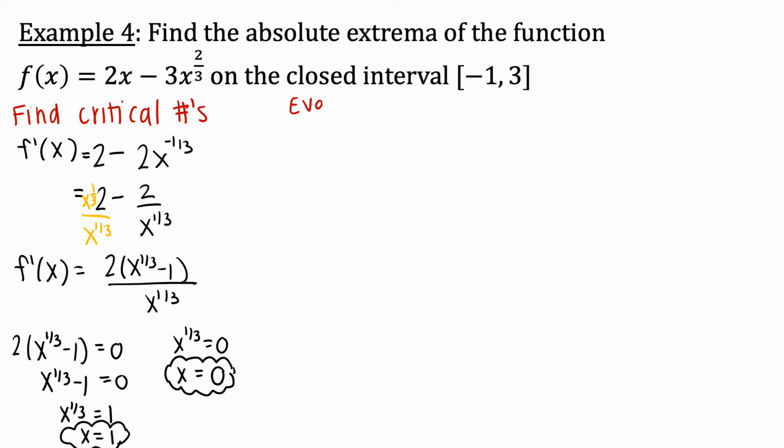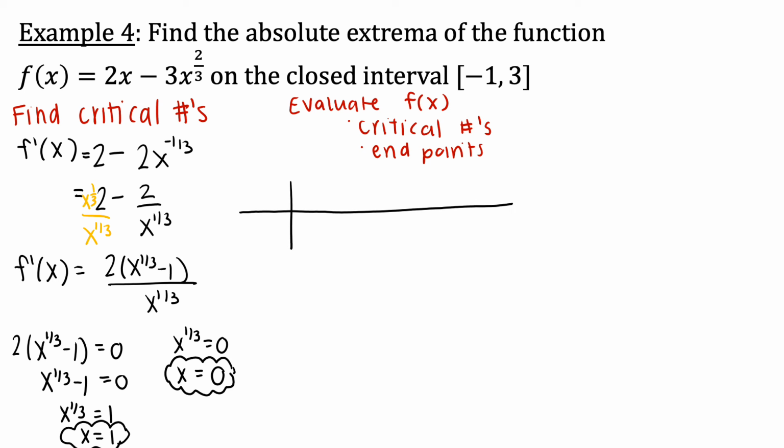From there, we want to evaluate our original function, f of x, at our critical numbers and also at our endpoints. So let's set up our chart. We want to evaluate at our endpoint -1, our critical number 0, our critical number 1, and our endpoint 3.